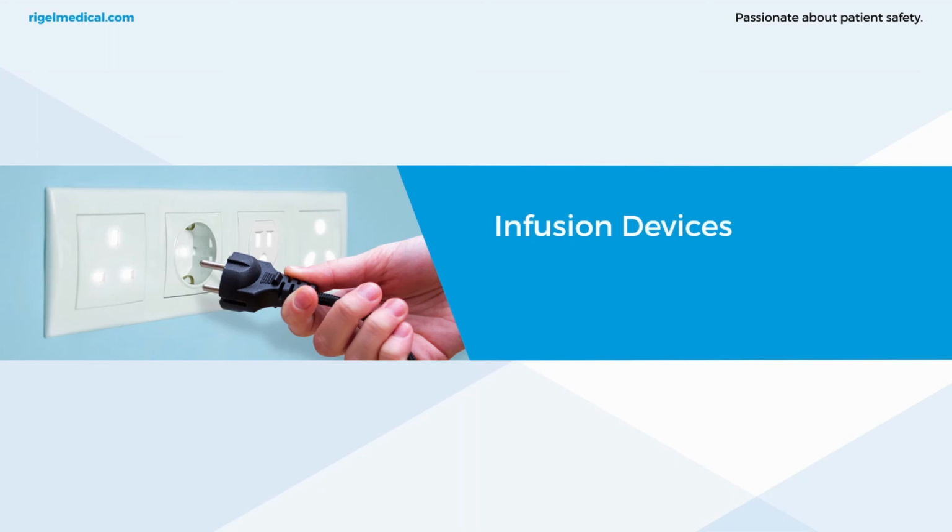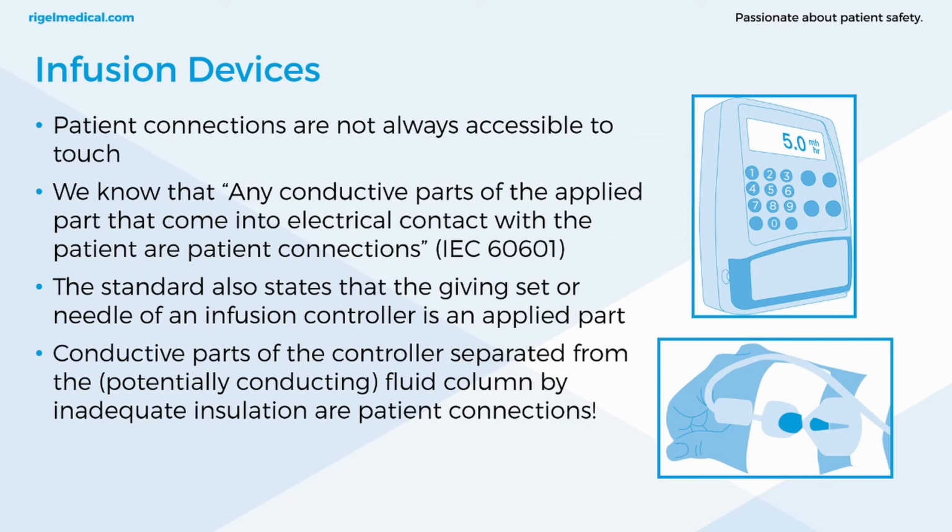Okay, so infusion devices is another one we've been asked about in the past. Patient connections are not always accessible to touch, and this is stated in the standard, and this is very relevant to infusion devices. So we know that any conductive parts of the applied part that come into electrical contact with the patient are patient connections.